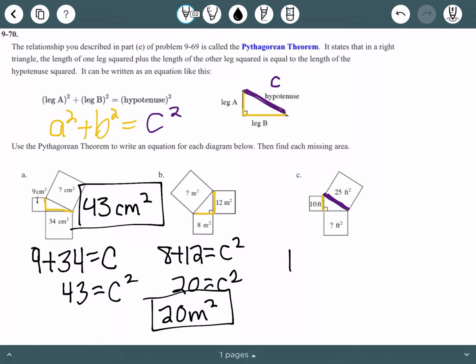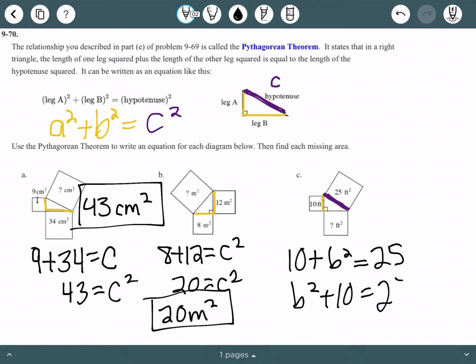So what we're going to do is 10 plus b squared equals 25. Or you could do b squared plus 10 equals 25. That is acceptable as well. You'll get the same answer because, I guess we could call that a squared plus 10 equals 25. So it doesn't matter which one you use, you'll get the same answer. And that's because the legs can go in for A or B.